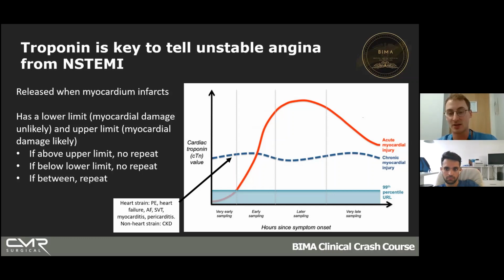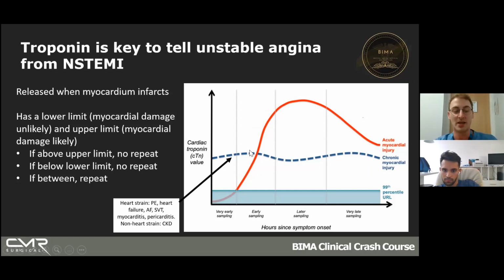So 99% of people that they've tested, they don't have any troponin released. There's no cardiac damage, the heart's completely healthy. Above the upper limit, so again 260 in my lab, but it could be other stuff elsewhere, is indicative of cardiac damage. So there's enough troponin released that it wouldn't be one of these things here causing a mild release in troponin. It's going to be a big heart attack basically. So you don't need to repeat the troponin because you know what's going on.